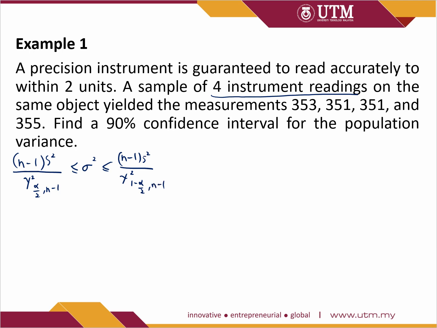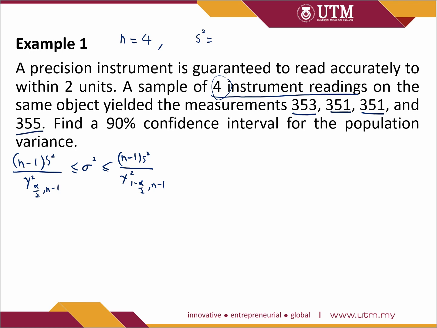So this means from here we need to know the number of samples n and also the sample variance s square. If you refer to here, we have the number of samples, which is 4. So our n is equal to 4. But the question doesn't state the sample variance; they give you the readings of the instrument, which are 353, 351, 351 and 355.